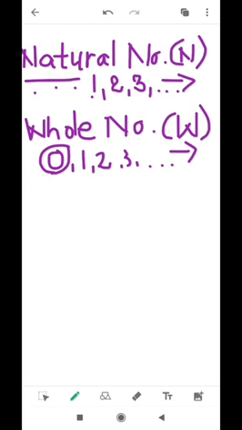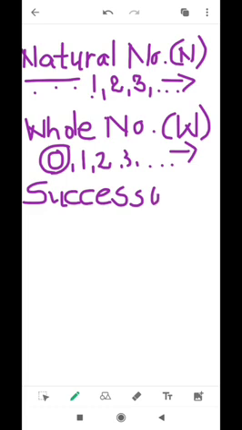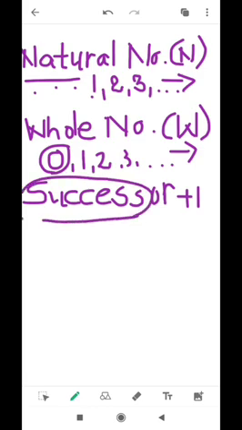Then let's move to another topic, that is successor. So what do we mean by successor? Successor means the number after, or you have to add 1 in the given number. You can remember in this way, successor, success मिलना, यानी आप आगे बढ़ रहे हो. So 9 का successor उसके next वाला number, that is 10.